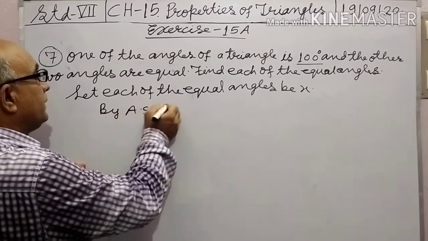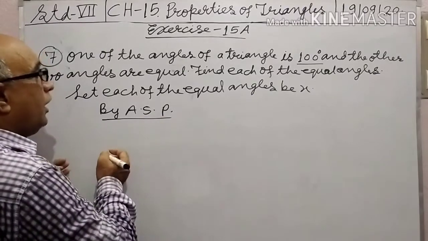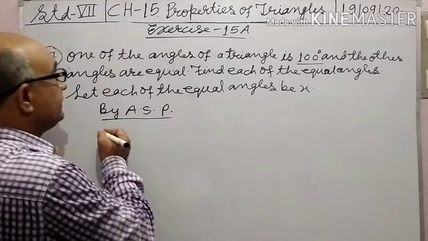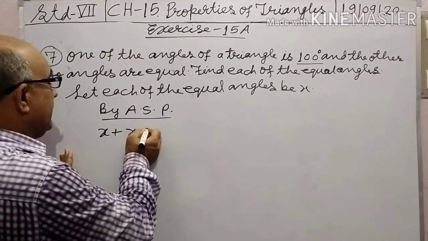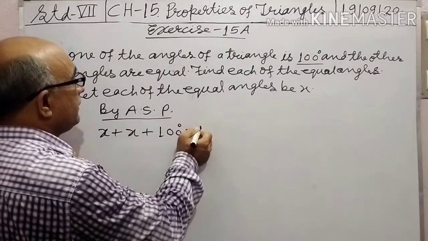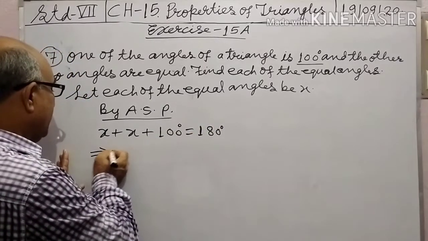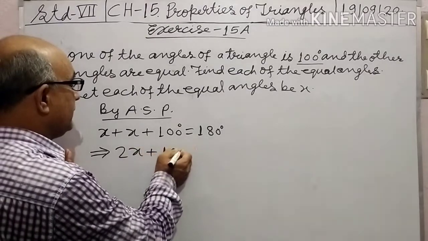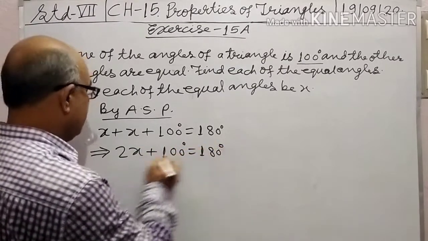So by angle sum property, ASP, the sum of all angles is 180 degrees. So x plus x plus 100 degrees equal to 180 degrees. That implies 2x plus 100 degrees equal to 180 degrees.